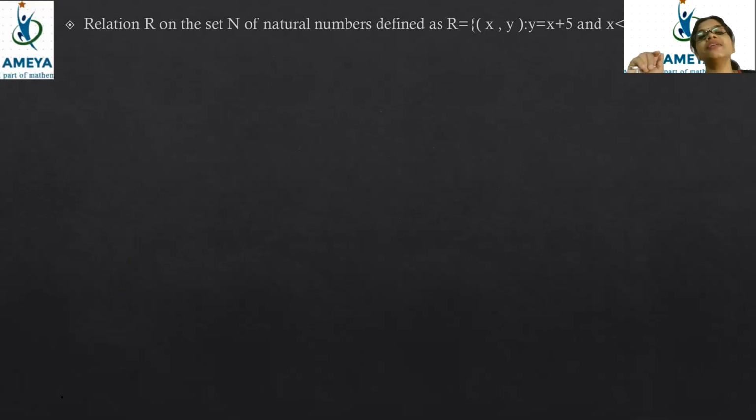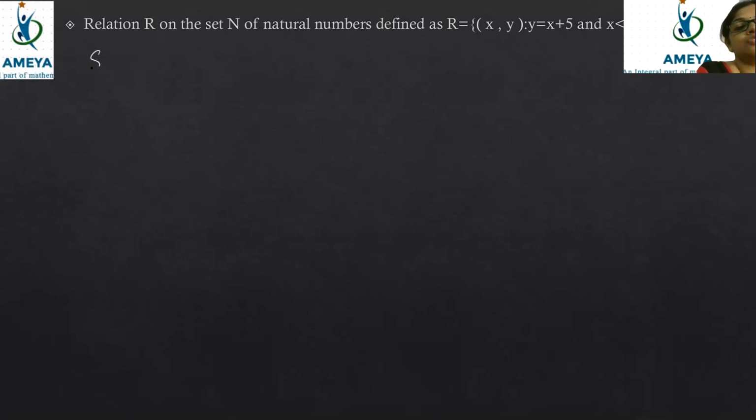The question is, R is a relation on the set of natural numbers, and here also you have to check reflexive, symmetric and transitive. Before solving the question, I have told you that here also you have to check RST. It is telling that a set of natural numbers is there, and from there only N cross N, the Cartesian product, from there only you have to find the relation, and the condition of the relation is also given.